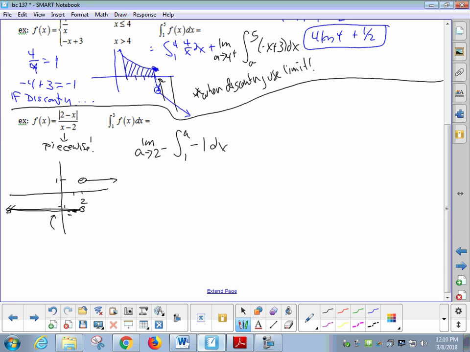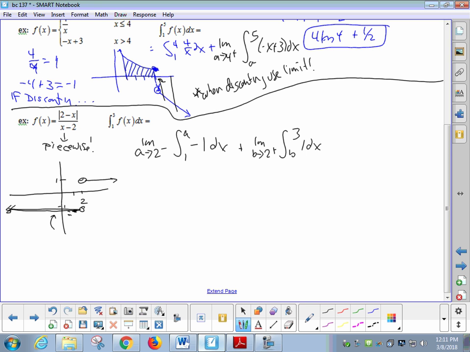It's -1. Yeah? Okay. So, plus the limit as b goes to 2 from above, from where to where? b to 3 of, see if we do better, 1. That's the spirit. Now I would probably just do those after I had the work set up properly, I'd probably just do these geometrically.